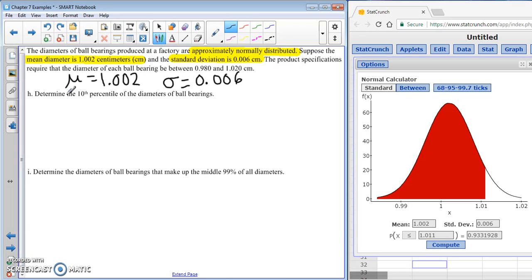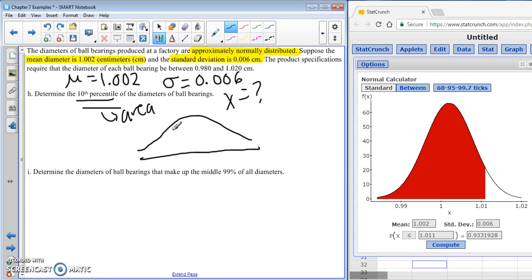And 2 more parts. We want to determine the 10th percentile. So a little bit different. Now we're looking for the x value, right? So this is our area this time. So a rough sketch here. So our 10th percentile, somewhere down here, we're trying to find x. Okay, so we know this area here is 0.1.